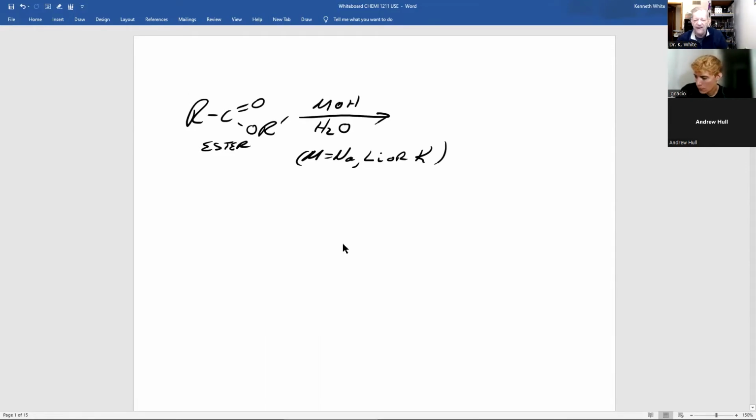What you get is not the carboxylic acid, because immediately in the presence of base, it forms the carboxylate anion. But you do get back the alcohol. So don't forget, you do not get the carboxylic acid you would have used to make that ester. I made a mistake.